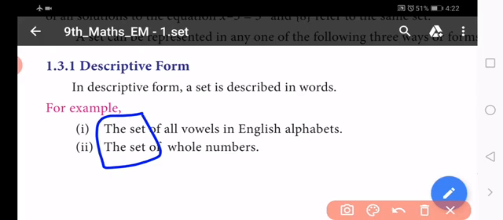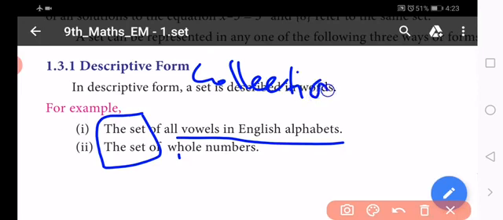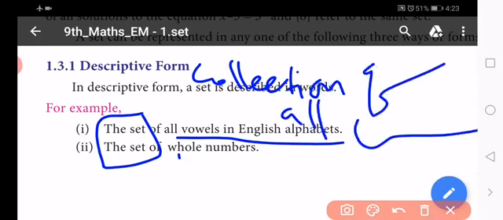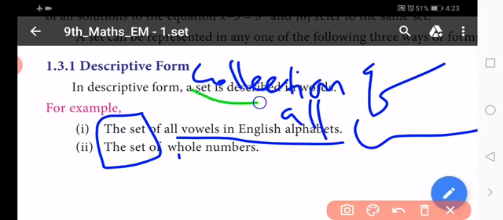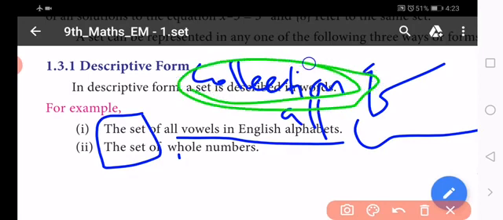So collection of all vowels in English alphabets. In this example, we remove the word collection and use the words the set of.